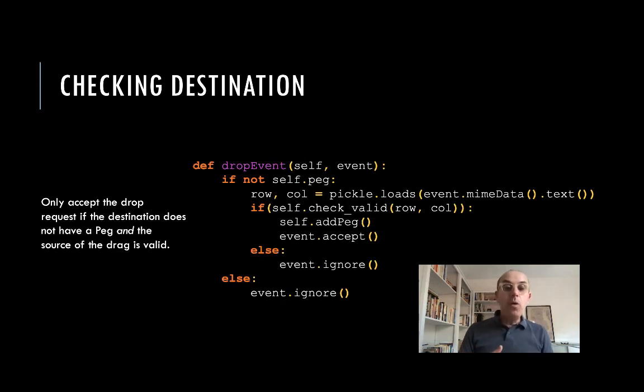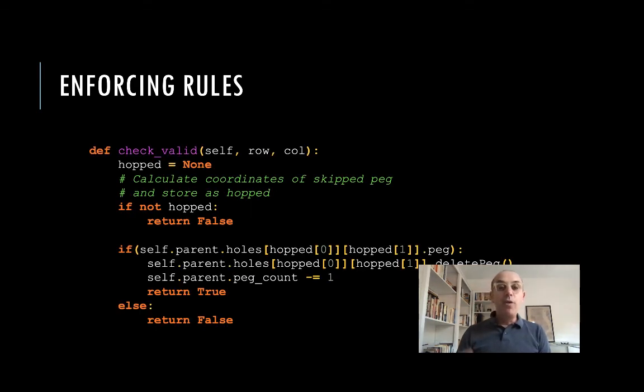And we will only accept the drop request if the destination does not have a peg and the source of the drag is valid.